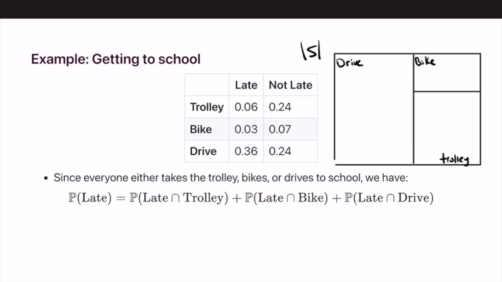And then in here is some outcome. So let's draw a circle. Everything inside of this circle is the probability of being late.